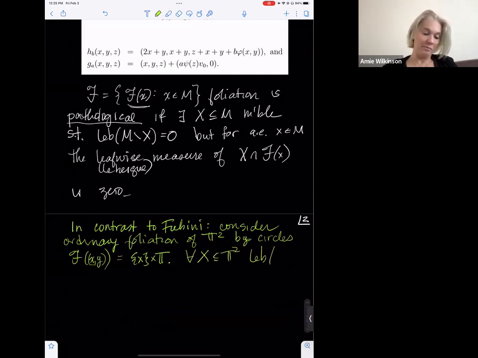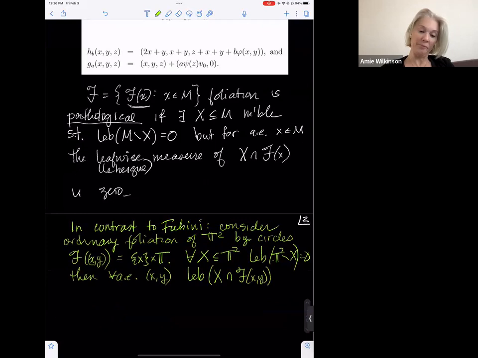if the Lebesgue measure of the complement of X is 0, so if it has full Lebesgue measure, then for almost every (x, y), the Lebesgue measure of the intersection of X with this leaf F of (x, y) is 1.